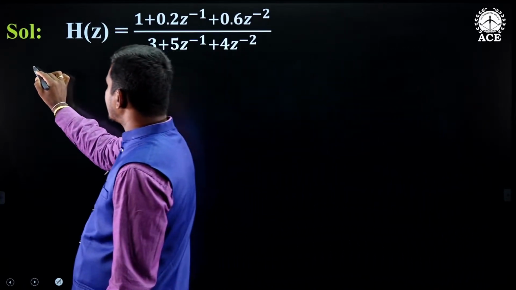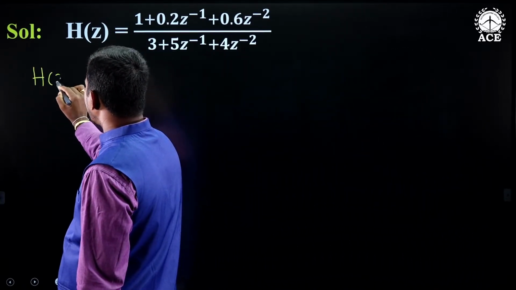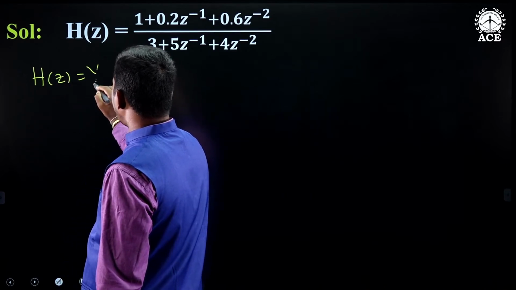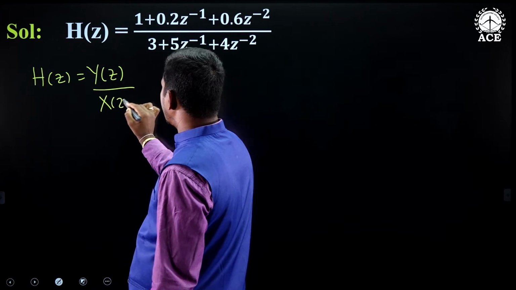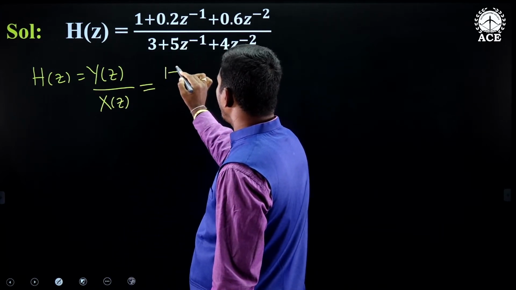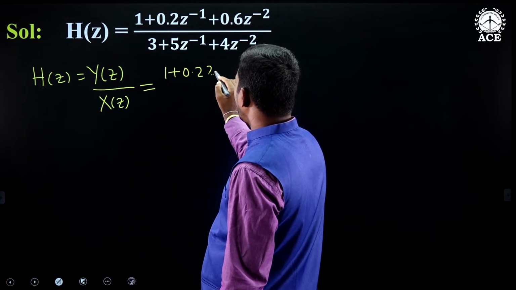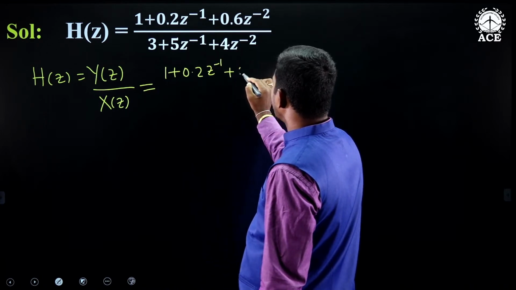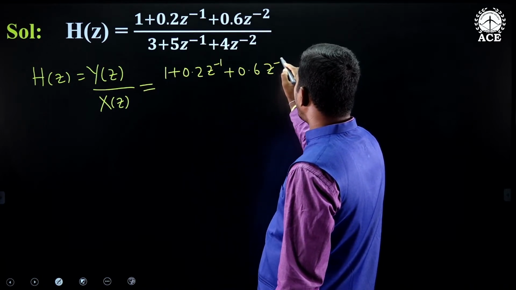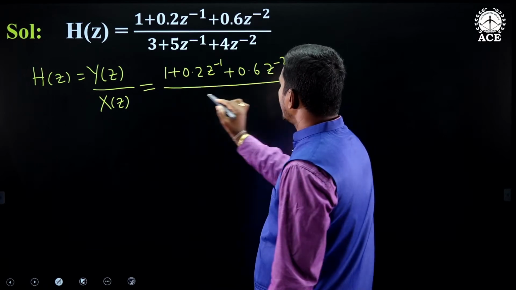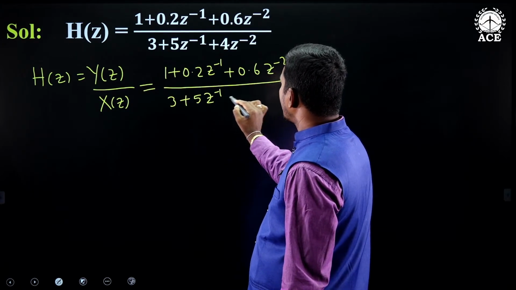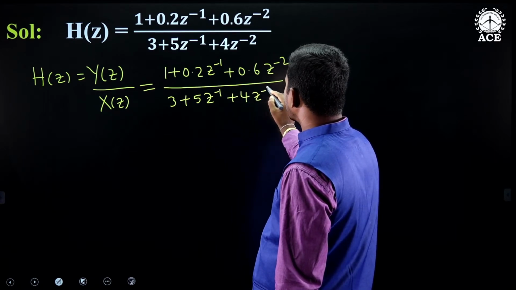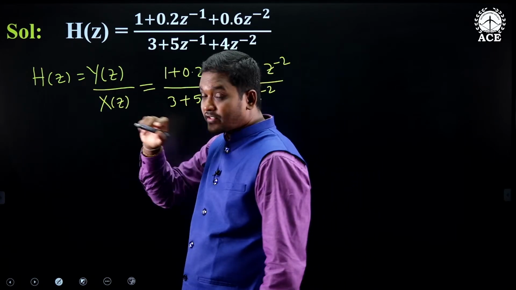Now, what is H of z? You know, H of z equals Y of z divided by X of z, which equals (1 plus 0.2 z inverse plus 0.6 z power minus 2) by (3 plus 5 z inverse plus 4 z power minus 2). This is the definition of H of z.